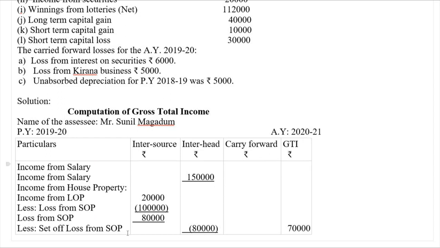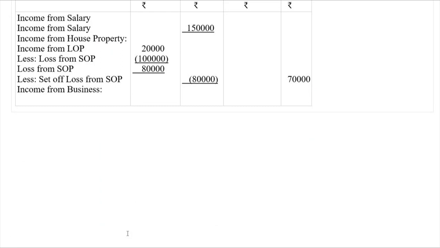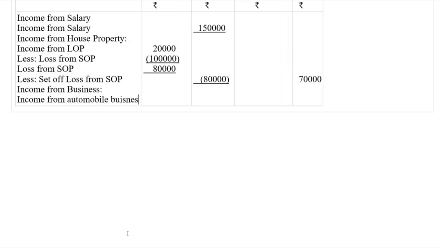Now let us go for income from business head. So now let us first take the income from business. Here we have got income from automobile business less loss from cloth business.